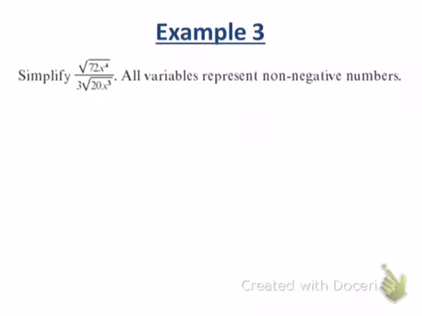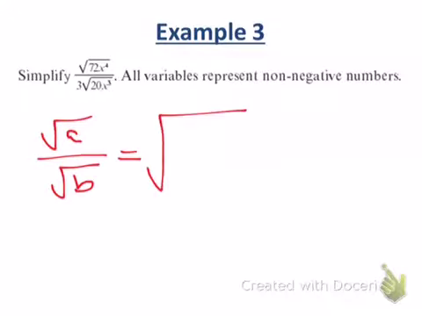Quotient property of radicals. Okay? The quotient property of radicals says that the quotient of square roots is equal to the square root of the quotients. Here's what I mean by that: the square root of a divided by the square root of b is equal to the square root of a divided by b.